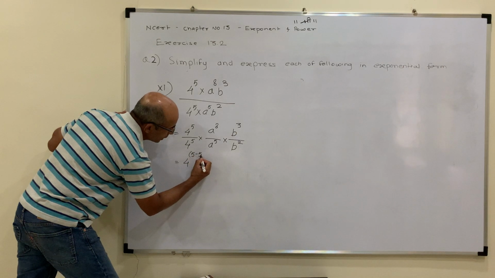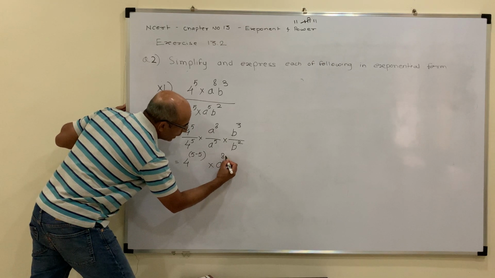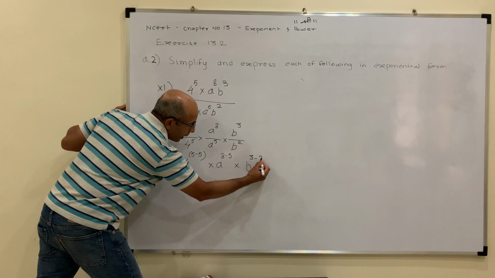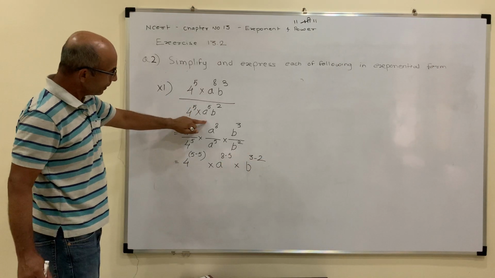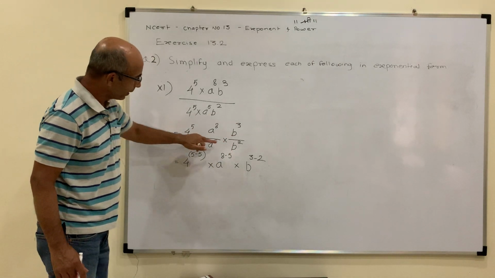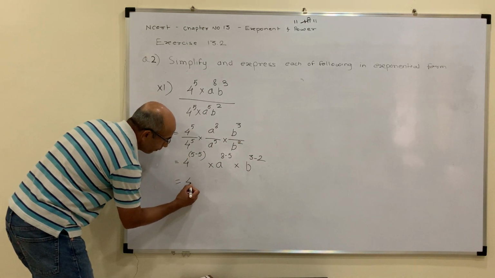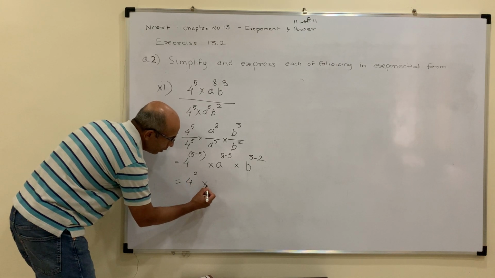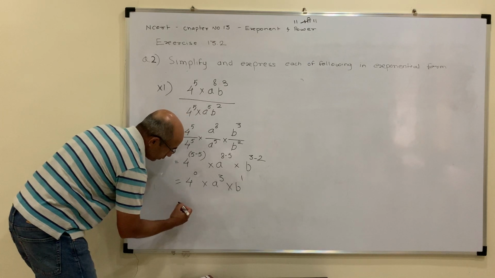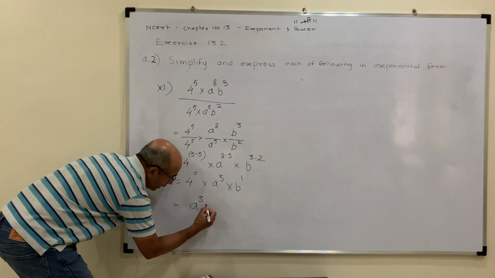So 4 raised to 5 minus 5 into a raised to 8 minus 5 into b raised to 3 minus 2. 8 minus 5, 3 minus 2, 5 minus 5. As the operation is division, my base is the same. So 5 minus 5, 4 raised to 0, a raised to 3 into b raised to 1. So anything raised to 0 is 1. So my answer will be a raised to 3 b.